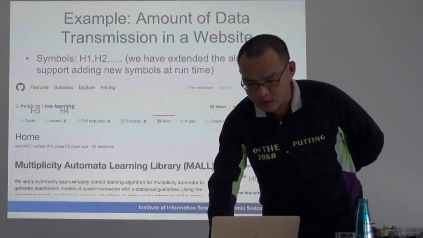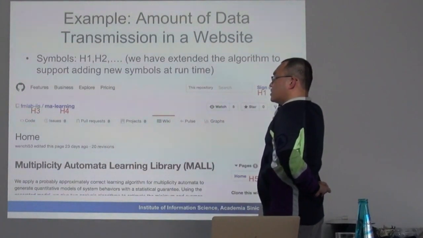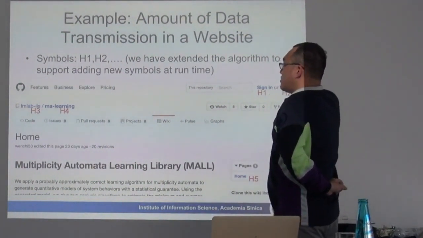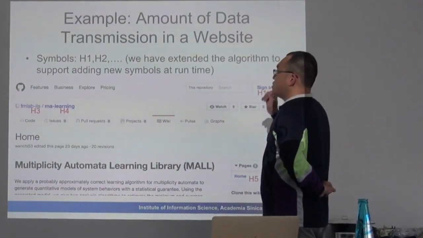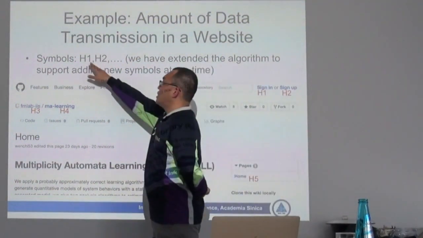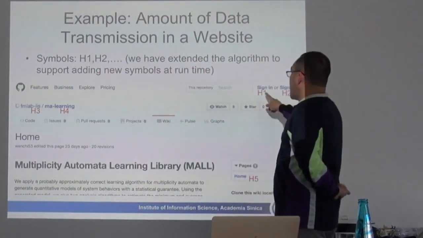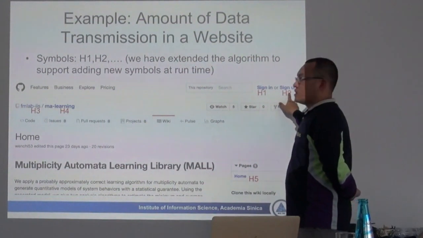And this is a more realistic example. We want to estimate the average amount of data transmission in a website. We have alphabet symbols H1, H2, H3, which mean the first hyperlink, the second hyperlink, the third hyperlink in the web page.